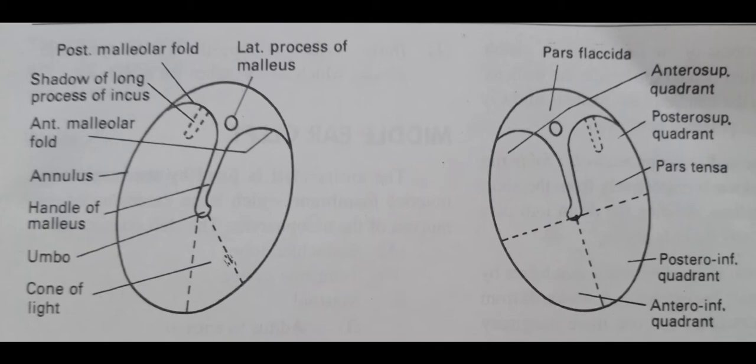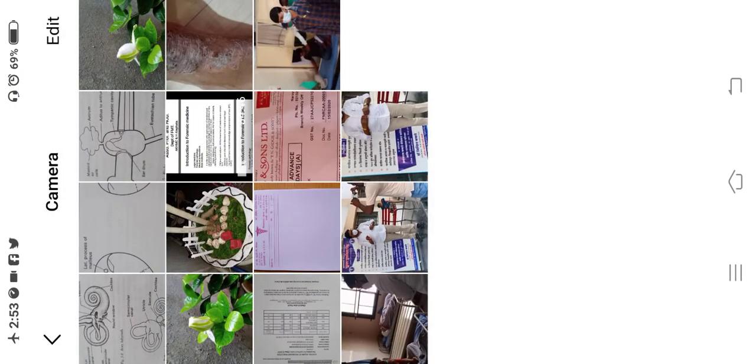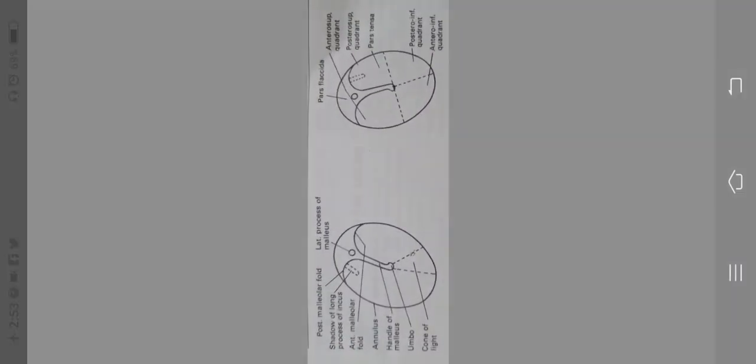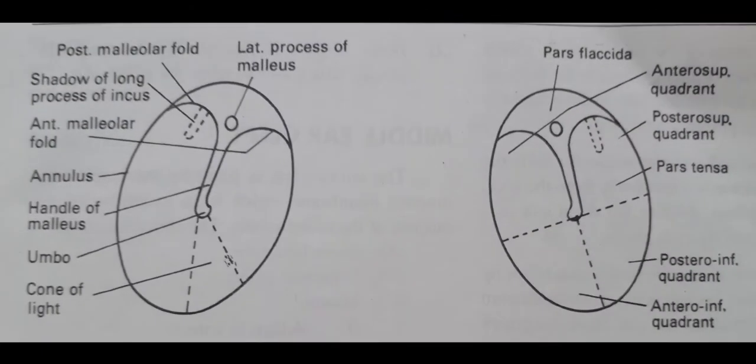And the pars flaccida is the flaccid part, and it is devoid of fibrous layer and annulus, and it fits into the notch of Rivinus. Then we will see the size, shape and position of the tympanic membrane.